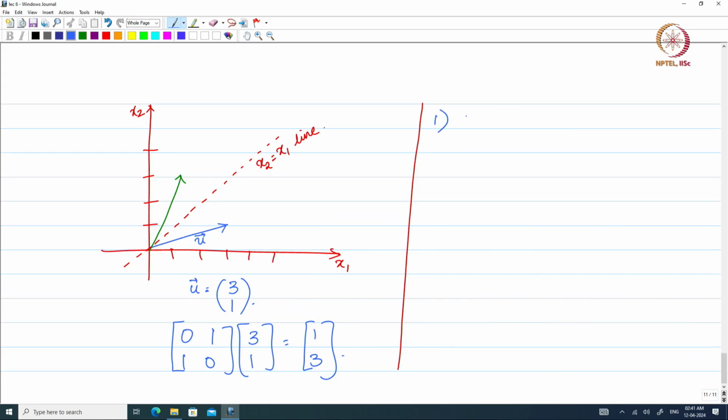We have some more. So, what are the other linear transformations that we can do? Are there any other standard linear transformations that you have? Let us ask these questions. Are there any more linear transformations?